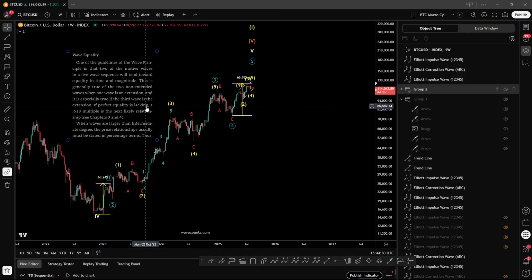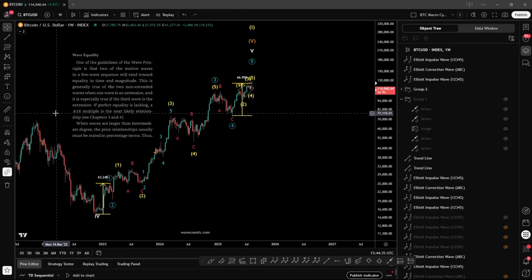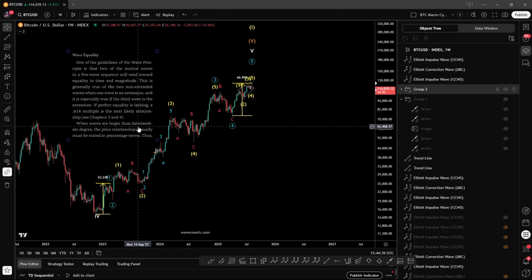If perfect equality is lacking, a 618 multiple is the next likely relationship. Okay? And when waves are larger than intermediate degree, the price relationships usually must be stated in percentage terms. Okay? So here I have this label.